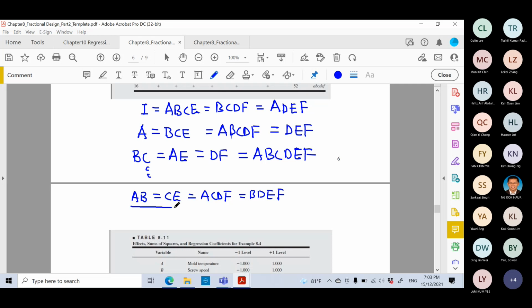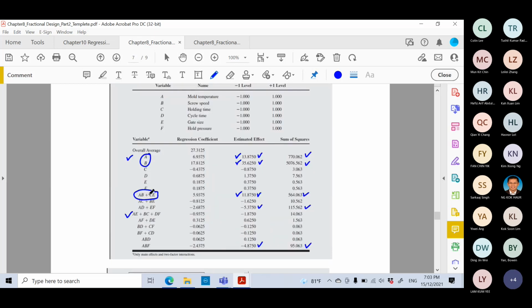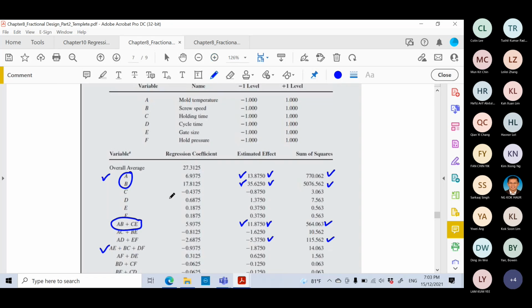So these 2, if you neglect all these things, will cancel off. All the 3 factor onward you have it, then you are estimating AB plus CE. But from this analysis, I'm using the same interpretation: because factors C and E are not significant, the CE interaction we can think has a very small contribution.